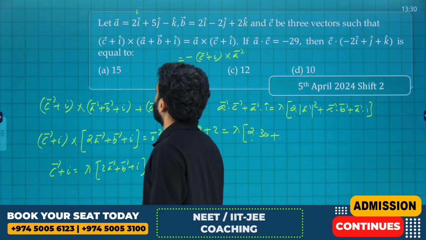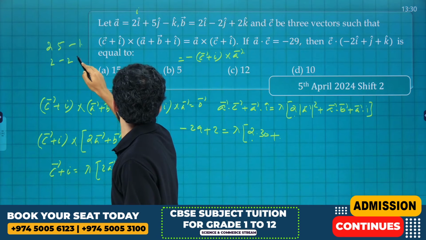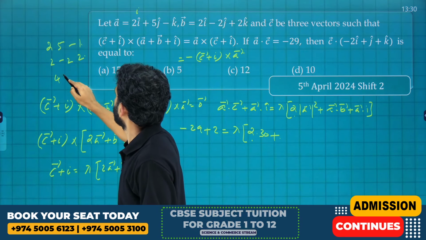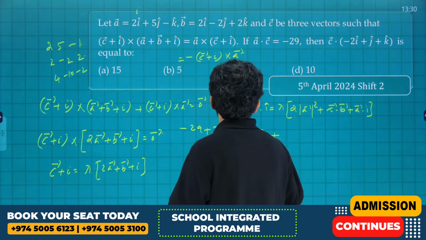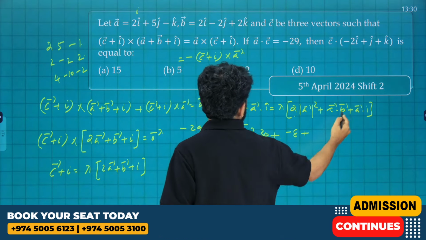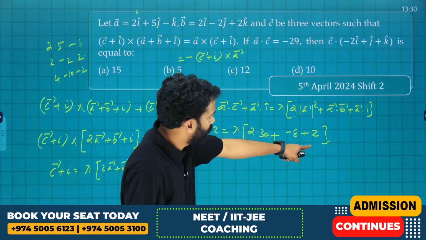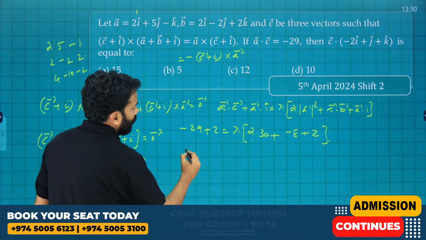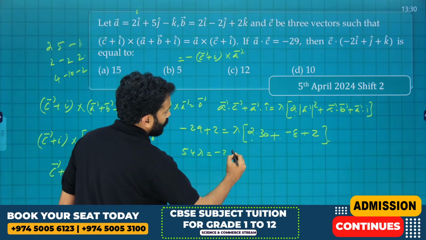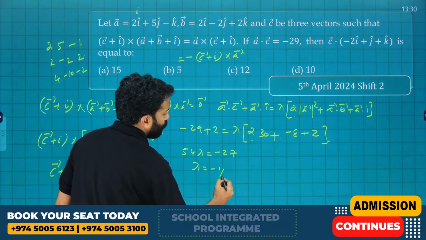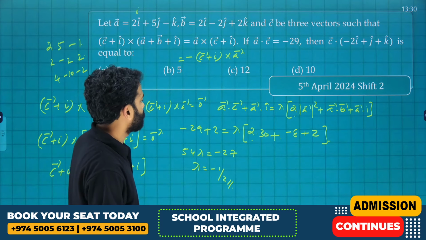That is 2, 5, minus 1 dot 2, minus 2, 2, that is 4 minus 10 minus 2, that is minus 8, right? That is minus 8 plus this we have already formulated, that is 2. That is 60, 62, 54. So 54 lambda is equal to minus 27, that is lambda is equal to minus 1 by 2. Okay, that's fine.